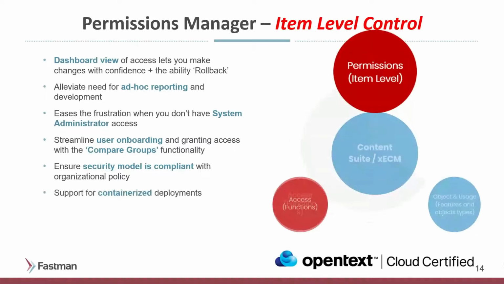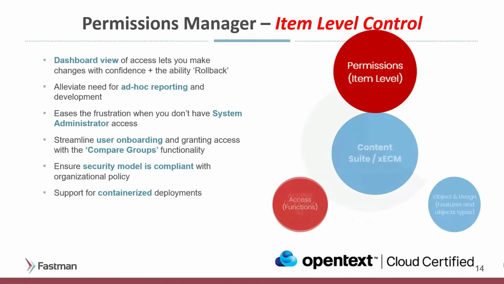On a technical level, it now also supports containerized deployments. So we have that ability to deploy into a containerized system, and that's the modern way of doing things. So the product is kept up to date. It's not something which is 5 years old and running out of date. It's certainly very current, very up to date with both the latest releases from OpenText and also the latest deployment models that OpenText is using these days.